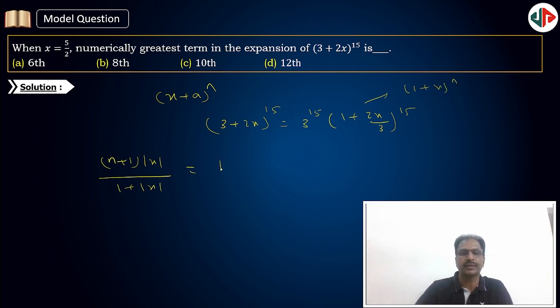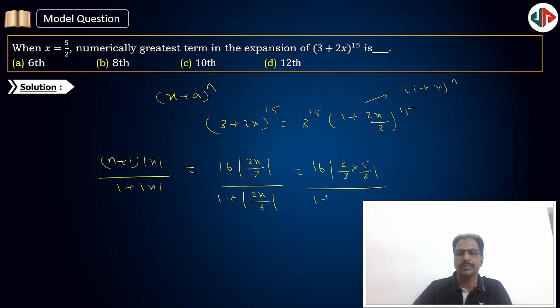What is n? 15. n plus 1 is multiplied by mod x by 1 plus mod x. In place of x, we have 2x by 3. What is x given in the question? 5 by 2. So mod of 2 by 3 into 5 by 2, by 1 plus mod of 2 by 3 into 5 by 2. If you simplify this, you'll get 10, which is an integer.